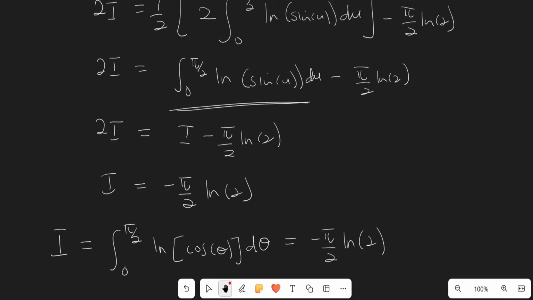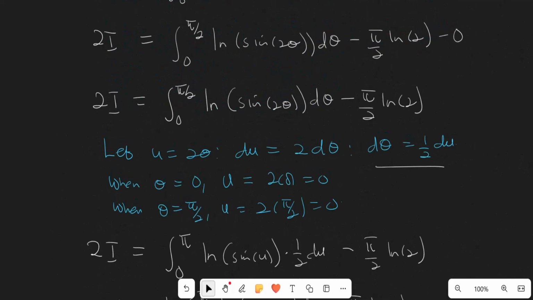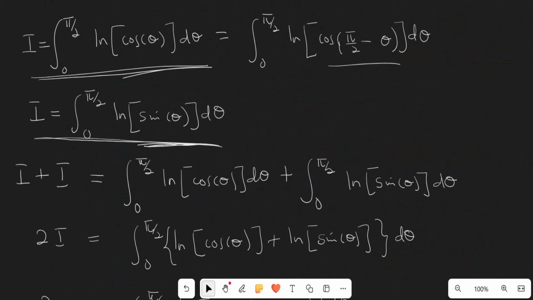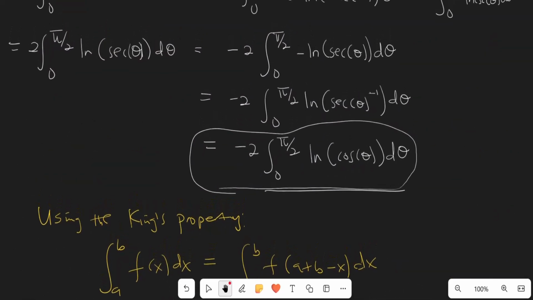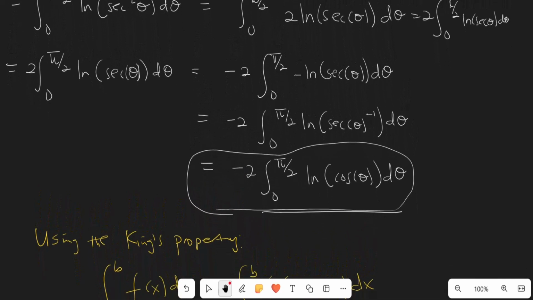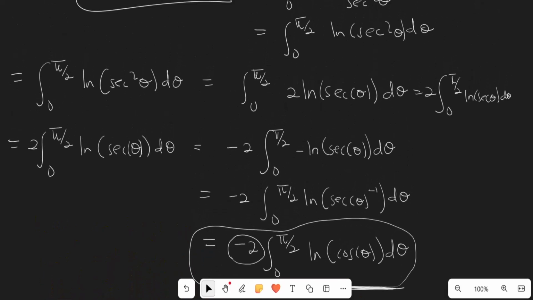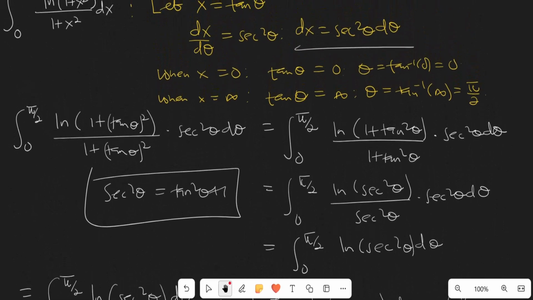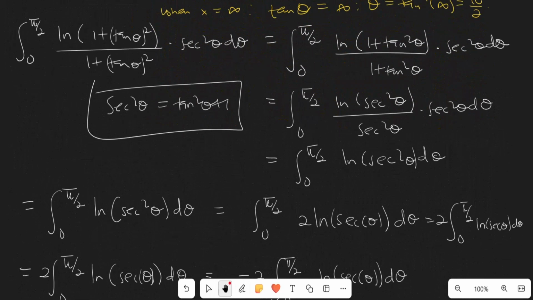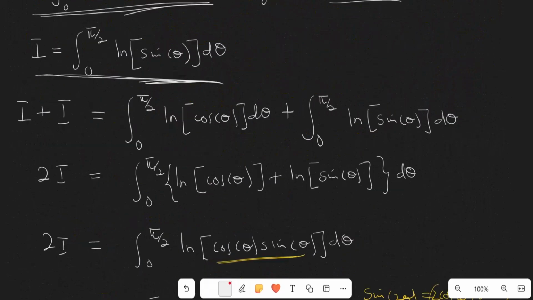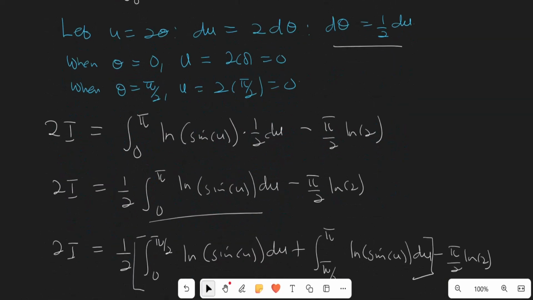But this is not the integral we wanted to solve. The integral we wanted to solve reduced to negative 2 times what we got. So we just have to multiply our answer by negative 2, and that should be the answer to our original integral.